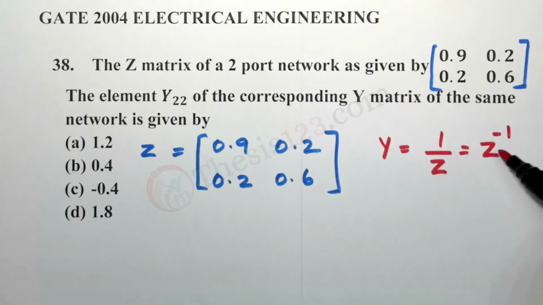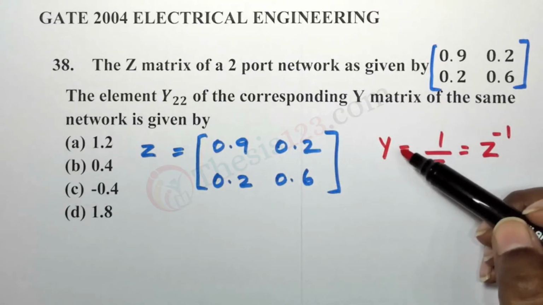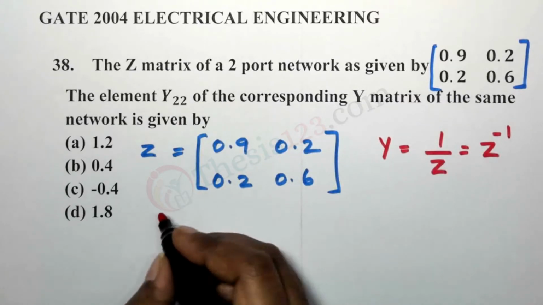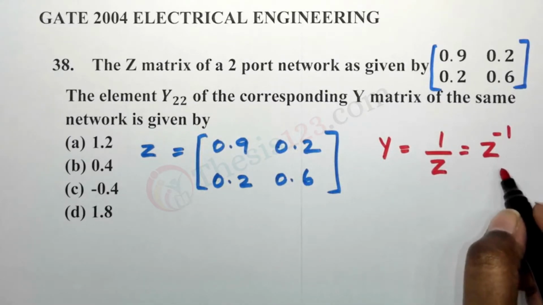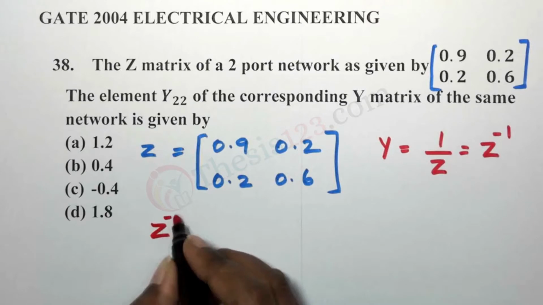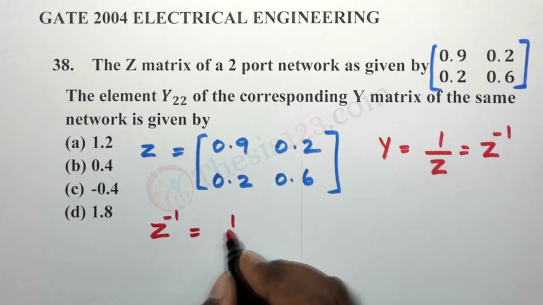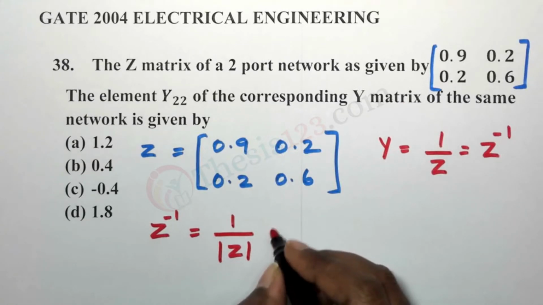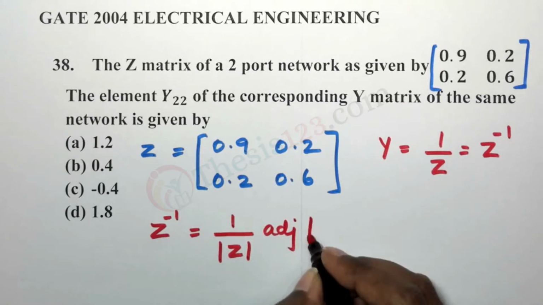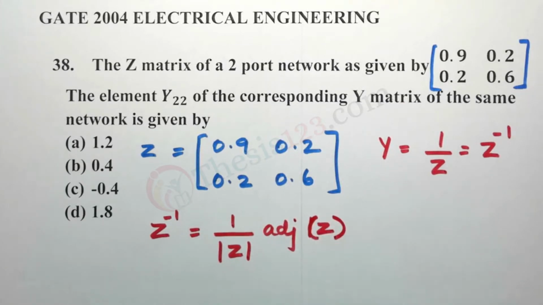So if we find out the inverse of this matrix, that would be our Y matrix. So let's write that down now. We will have to calculate what is the Z inverse. Now the formula for an inverse of a matrix is 1 by det Z into adjoint of Z. So let's start by calculating what is det Z.